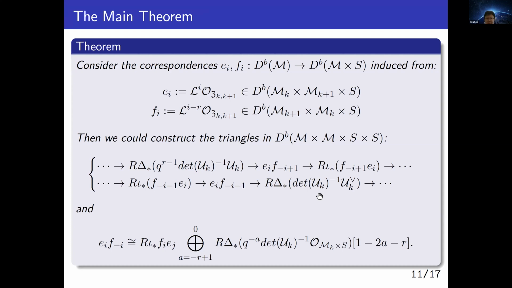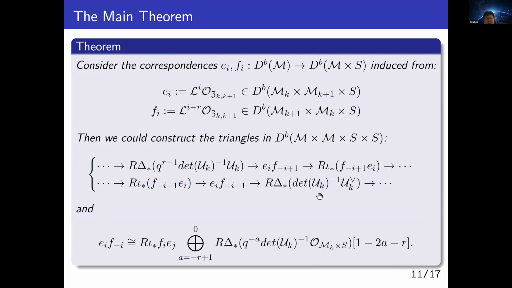Because remember that the definition of H1 is the universal sheaf, and H minus 1 is the derived dual of the universal sheaf. So regarding H1 as a Fourier-Mukai kernel, it's just the diagonal embedding of this universal sheaf. So this is our delta lower star.